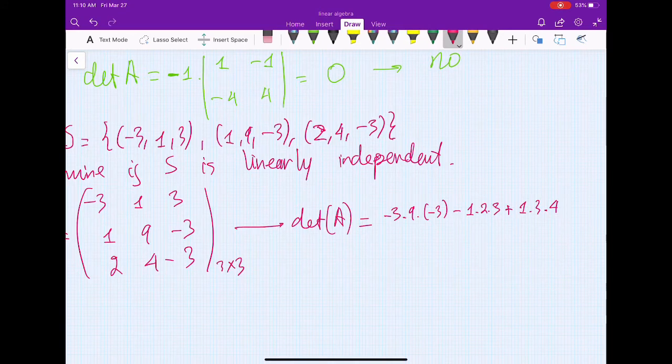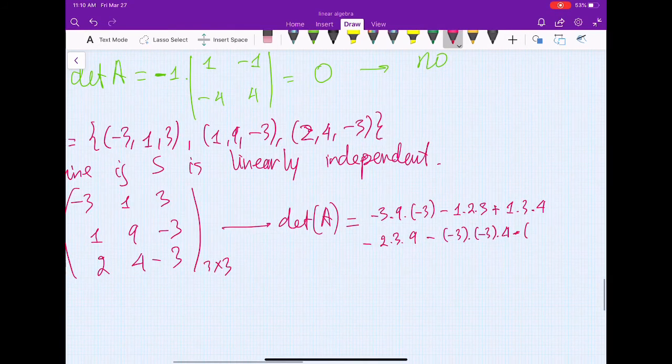And then with the other diagonal, I have -2 times 3 times 9. And then minus -3 times -3 times 4. And then minus 1 times 1 times -3.